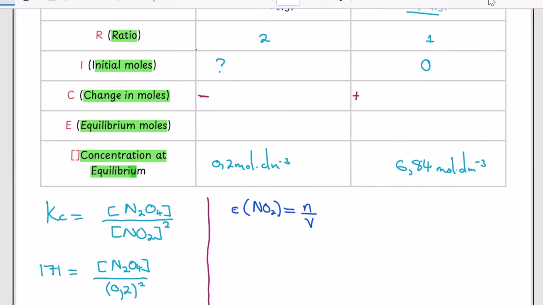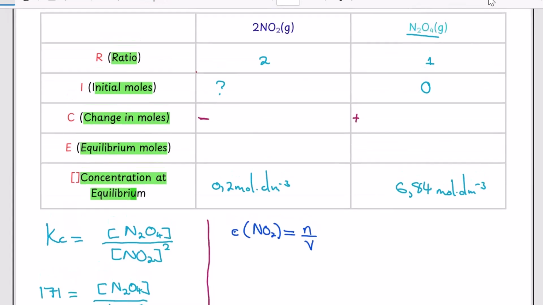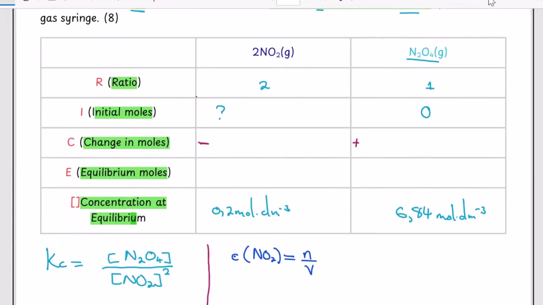Do I have the concentration of NO2? Yes, we're given the concentration of NO2, which is 0.2. So 0.2 is equivalent to n over the volume. Remember, what we are trying to get are the number of moles, the equilibrium moles. The volume is also given as 80 cubic centimeters.